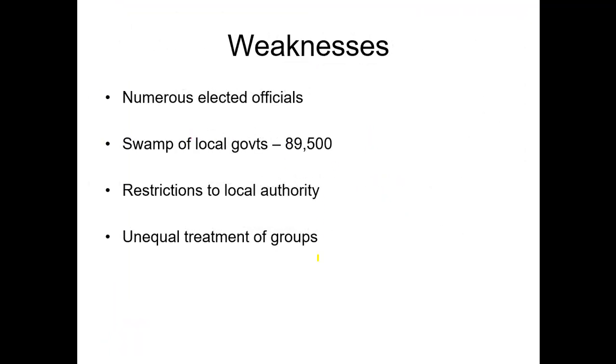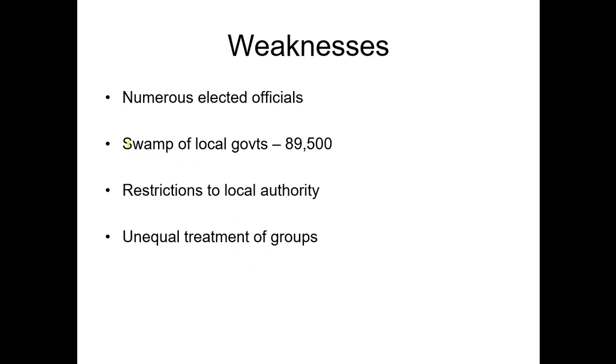The state constitutions call for numerous elected officials, and because of home rule, states are required to set up their own forms of government. And of course, they have to break that down into counties and municipalities and towns and villages.